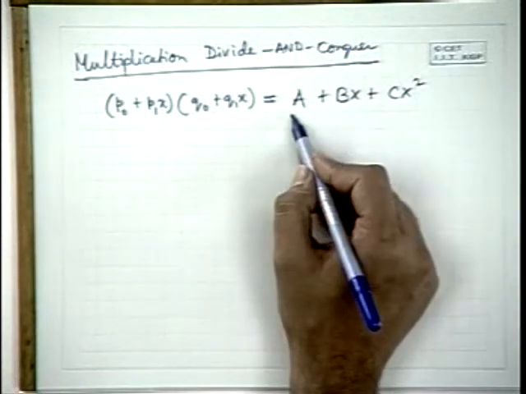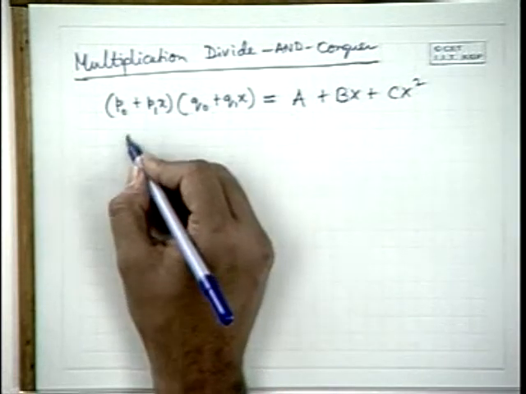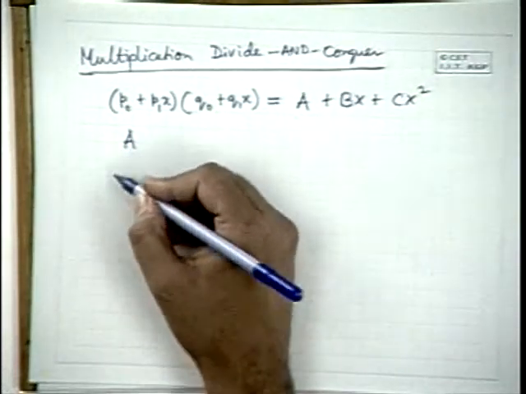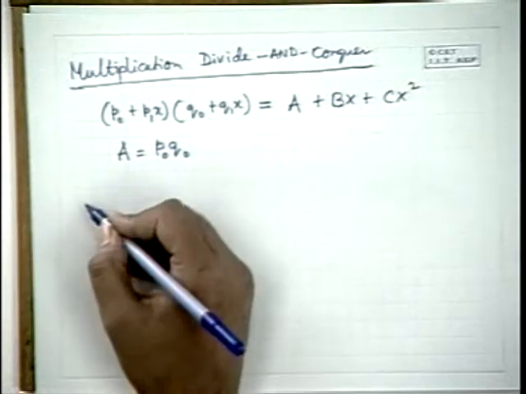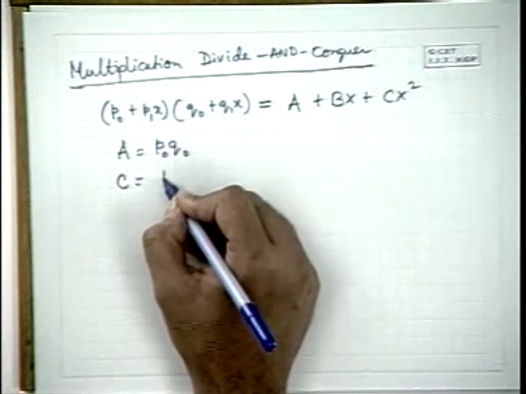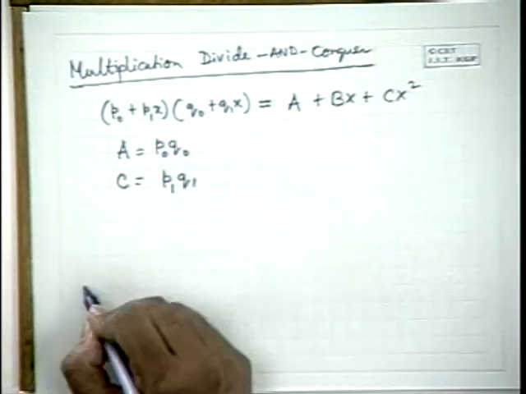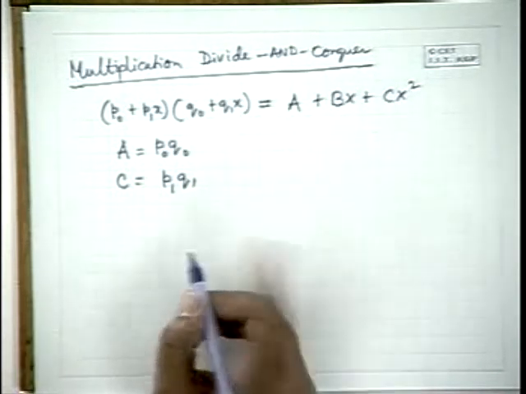I have to find out what a, b and c are. Now you can see a is nothing but p0 q0, and c is nothing but p1 q1. That is very straightforward. To get these two coefficients, you just multiply.